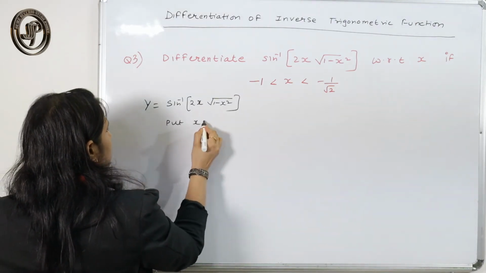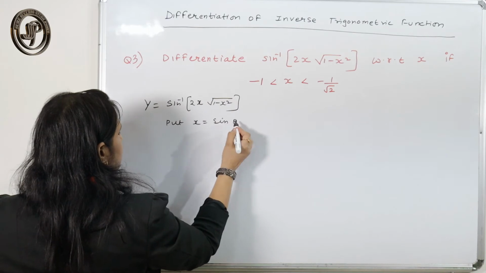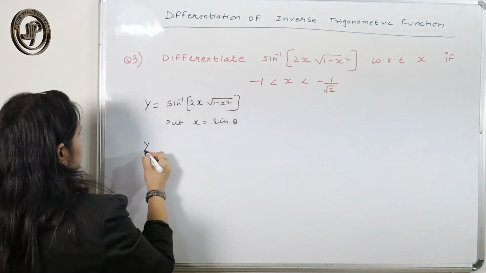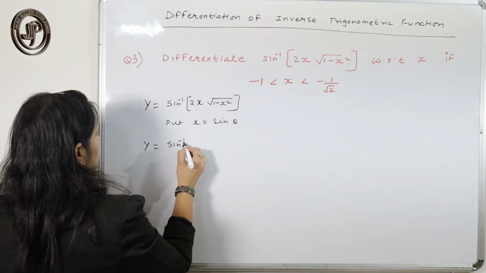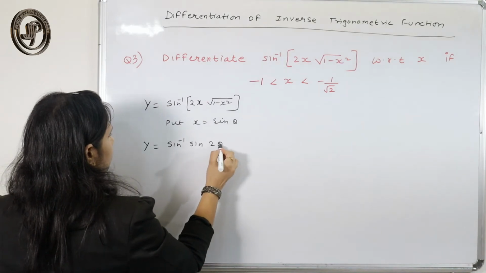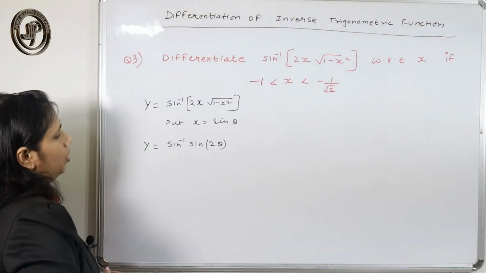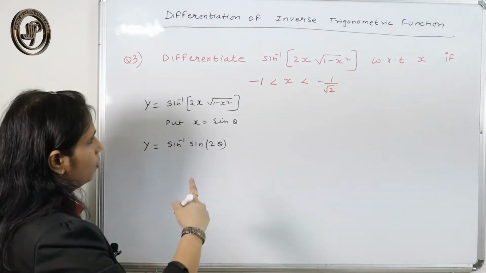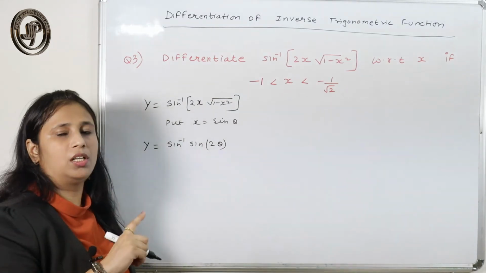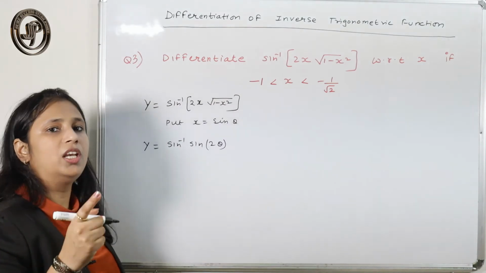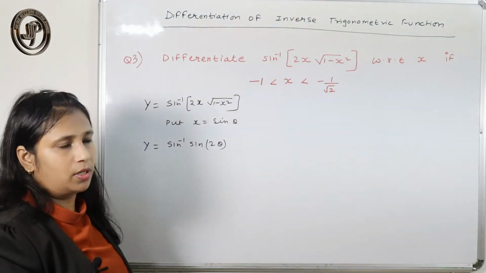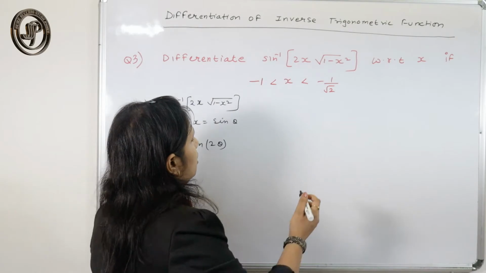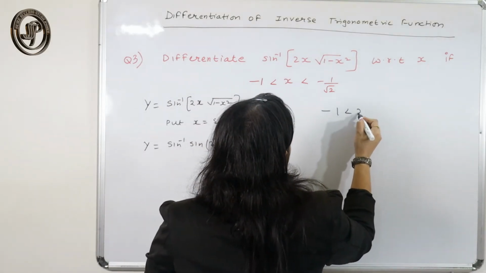Put x as sine theta. So if we put x as sine theta, we get sine inverse sine 2 theta only, right? So we can cancel these two only when the range of 2 theta lies between minus pi by 2 to pi by 2 only. So let's check with that.